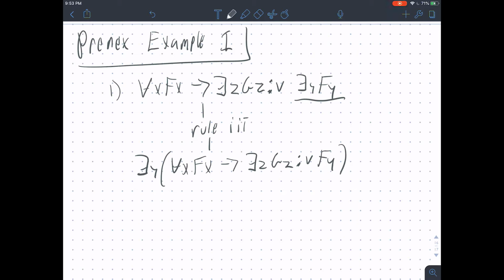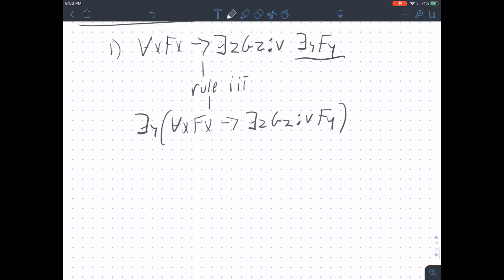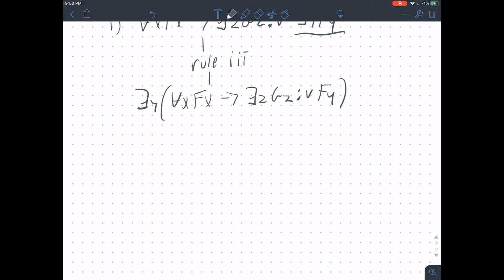So what do we have now? This is where it can get a little confusing to keep track of the grouping. So I'm going to work on this conditional just by itself, right there. And I'm going to apply rule 7 to our conditional, which is going to give us this.